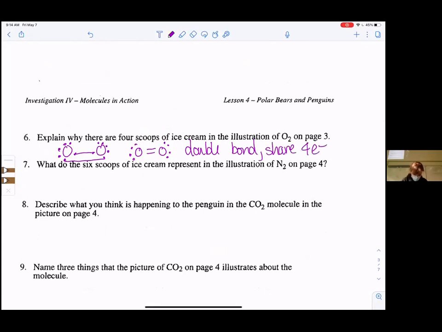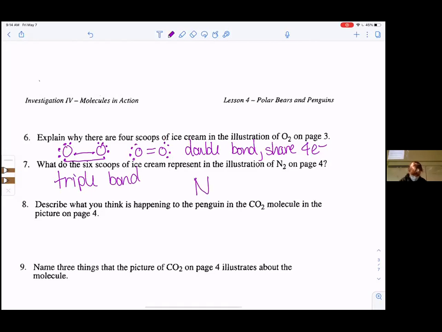And then there are 6 ice cream scoops in N2, and I'm not gonna scroll down there. I'm just gonna show you 6 ice cream scoops right here. And so if you remember from our Lewis dot diagrams with nitrogen N2, we know that they have a triple bond.